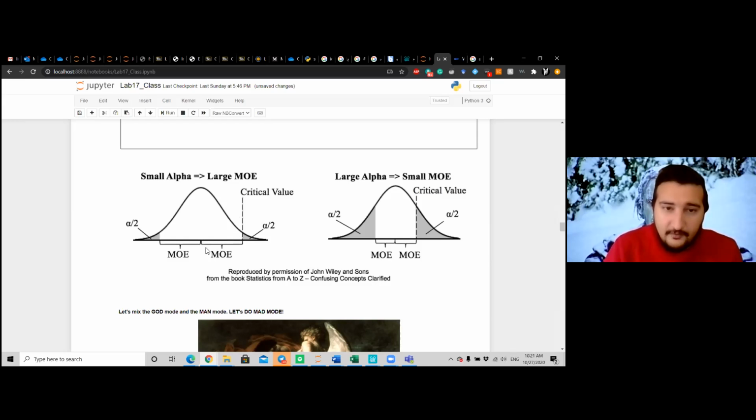Whatever falls in between those two vertical lines will be acceptable to us, will be what we capture within our margin of error.